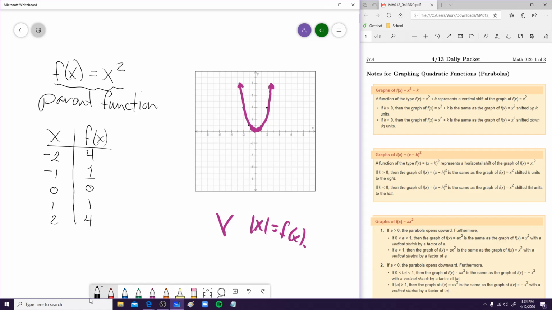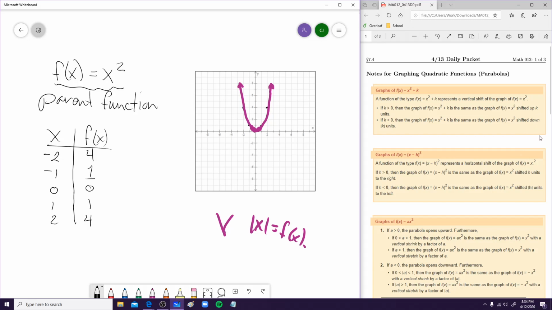So now that you know what a parent function is, we can start talking about graphs of f of x equals x squared plus k. When it looks like x squared plus k, just adding a constant, it represents a vertical shift of our parent graph, f of x equals x squared.